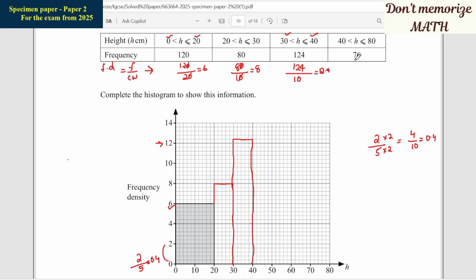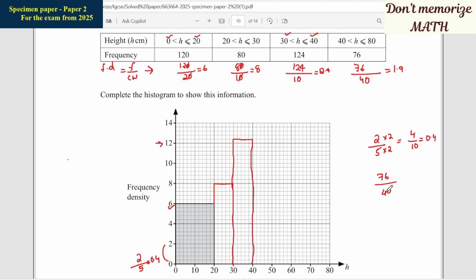Okay, so next one, frequency is 76. Class width is 80 minus 40, that is 40. Okay, so here you will get 1.9. So I will show you how I got 1.9. Okay, 76 over 40.